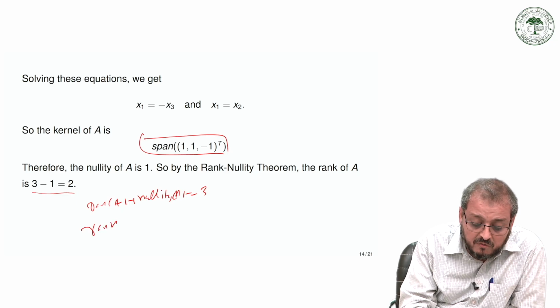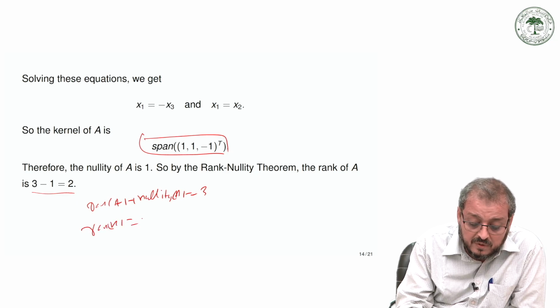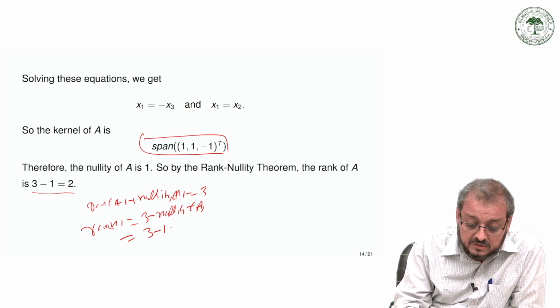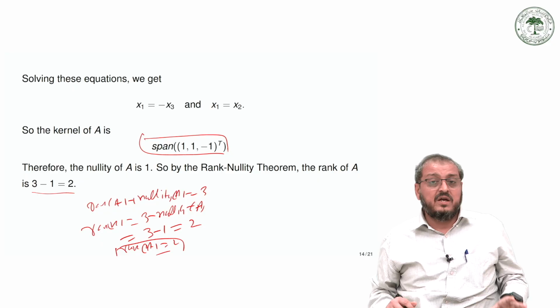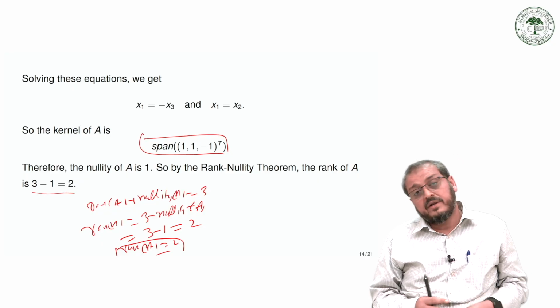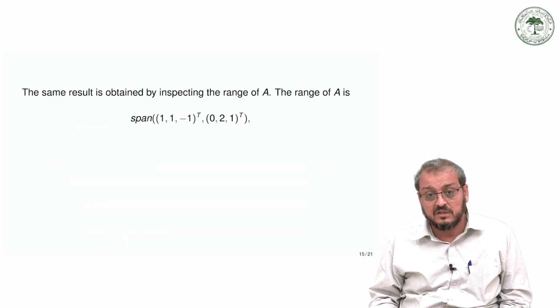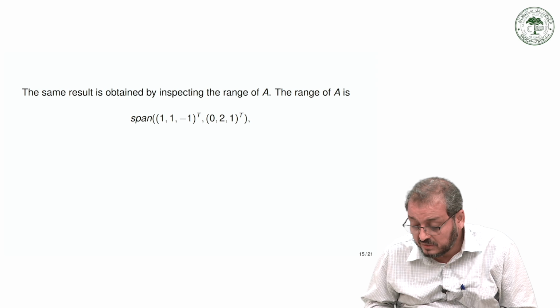So the rank of A is equal to 3 minus nullity of A, then 3 minus 1 is equal to 2. So the rank of A is equal to 2. So we have already proved both sides.